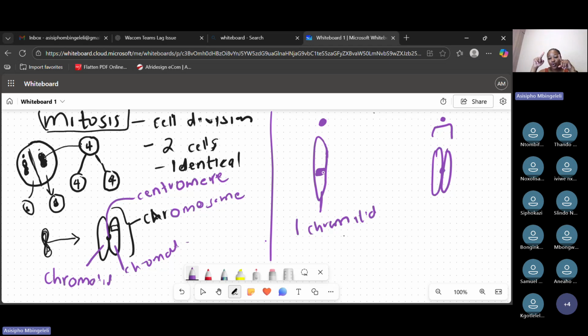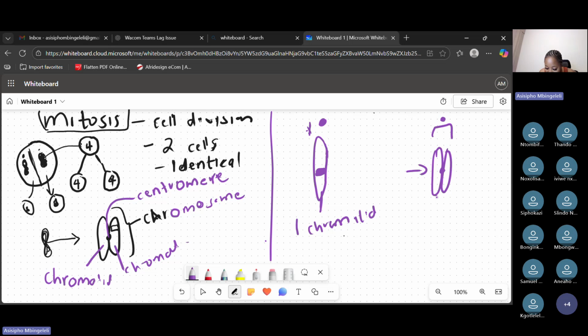Now, during DNA replication, this very same chromosome made up of one chromatid is going to replicate, make a copy of itself. So once this one chromatid makes a copy of itself, meaning this is the chromatid, we need a copy of it. There, during DNA replication, the same DNA replication that we did, it will make another chromatid. And then we end up having this chromosome also.